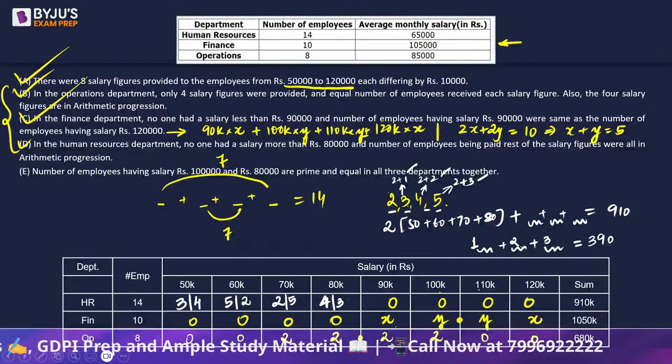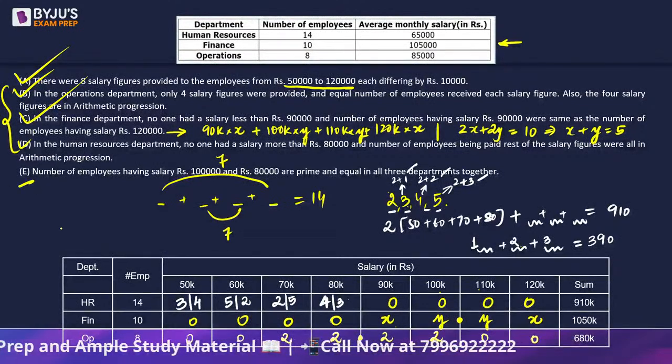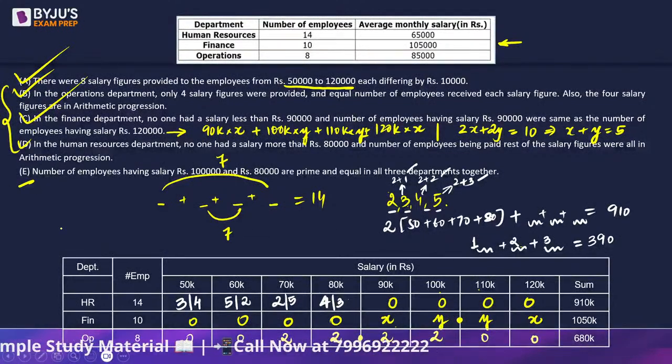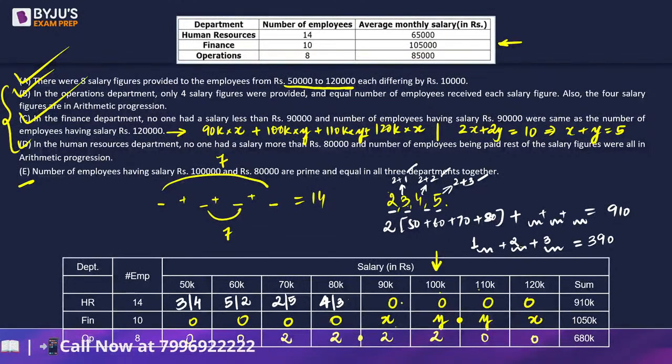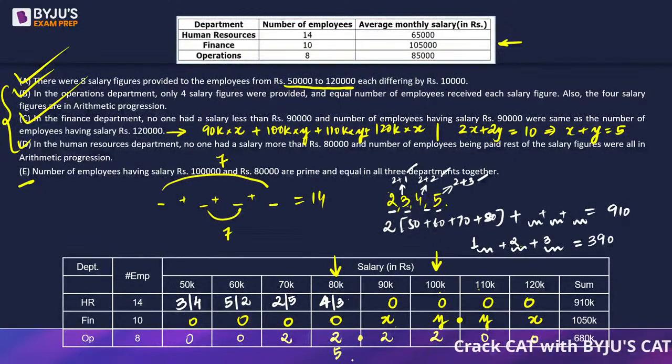Next, it says, last point, the number of employees having salary rupees 100,000 and 80,000 are prime and equal in all three departments. So 4 plus 2 will not be prime, 3 plus 2 will be prime. For 80,000, can we say 5 employees get this?